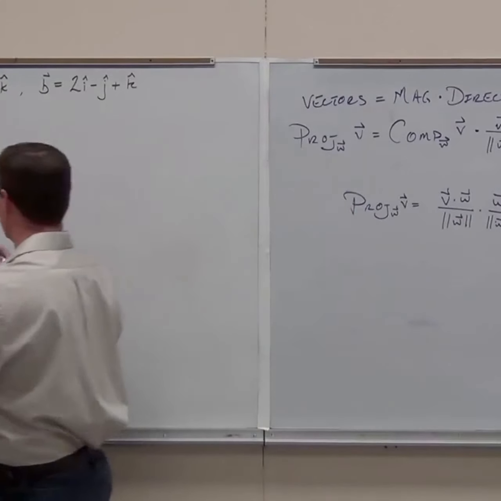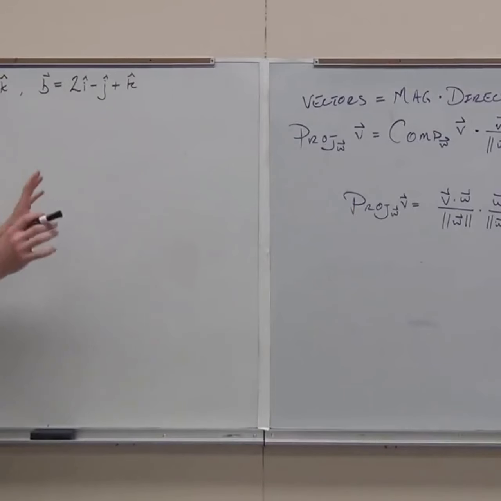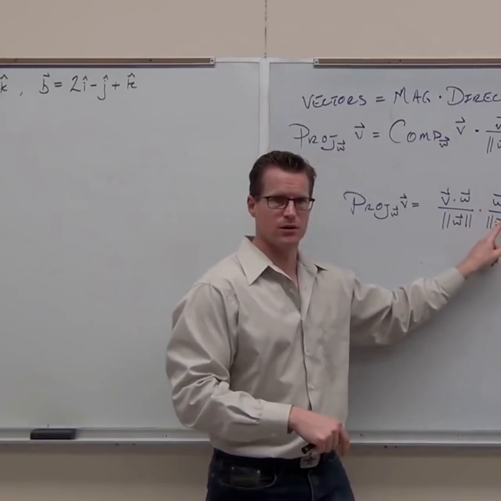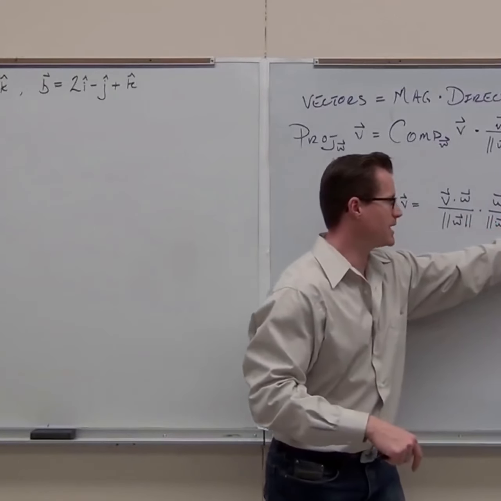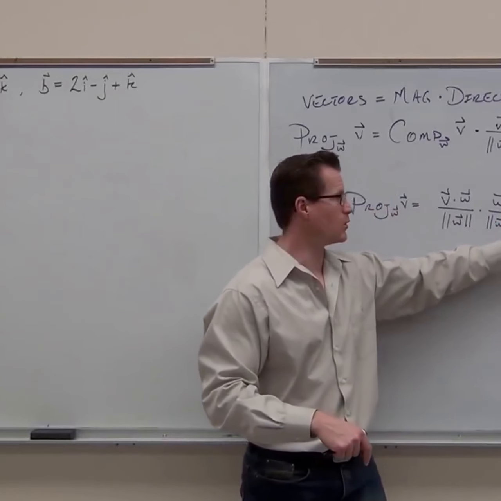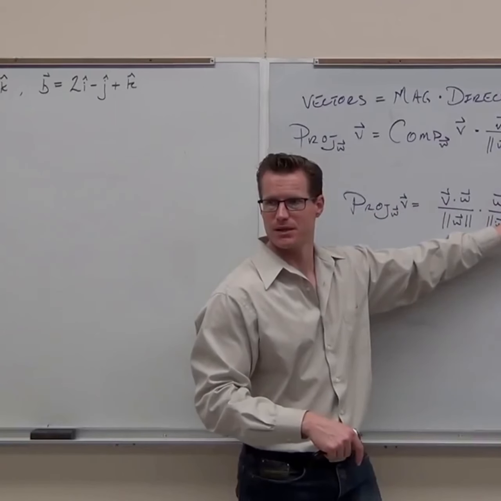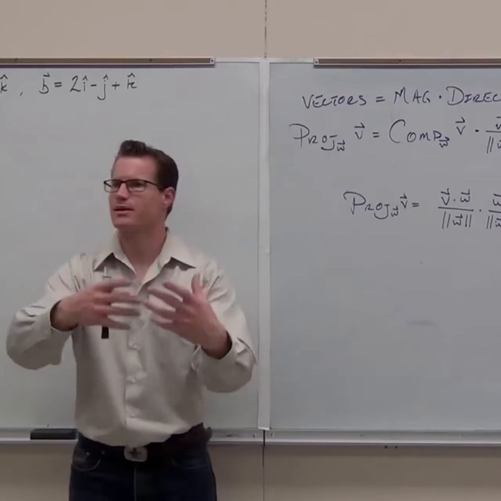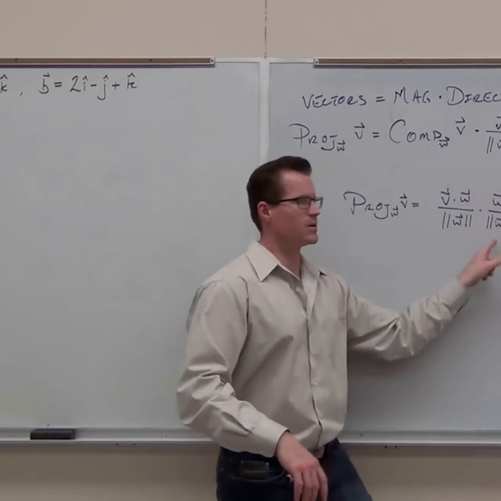So when I look at this, the first thing, we're going to draw two pictures, and we're going to do it. It's going to be pretty quick after that. I'm projecting onto A. A should be the one where I get a unit vector, which means A should be this, and A should be this. B is the only thing I have right there. Does that make sense? Yeah. If I'm projecting onto B, vice versa. B carries my direction. B is the one I get my unit vector from.